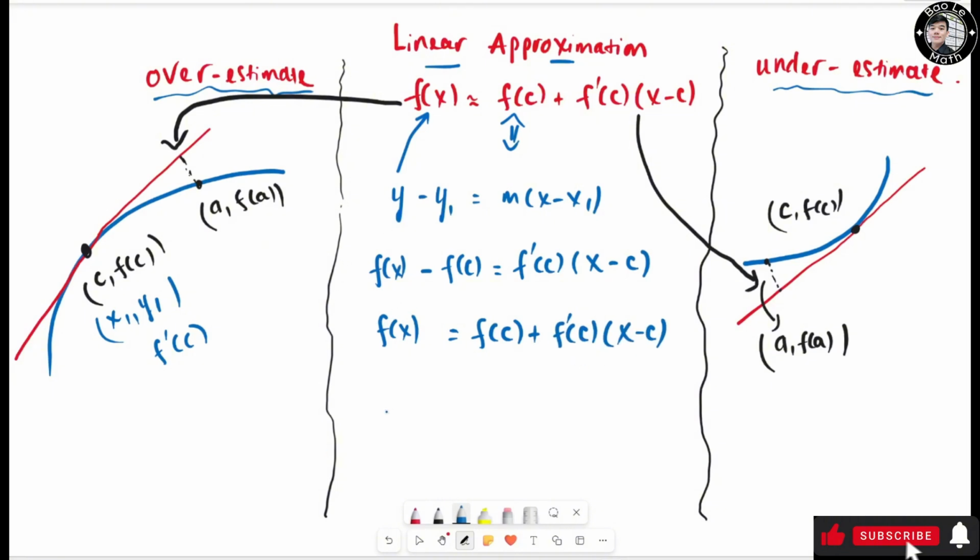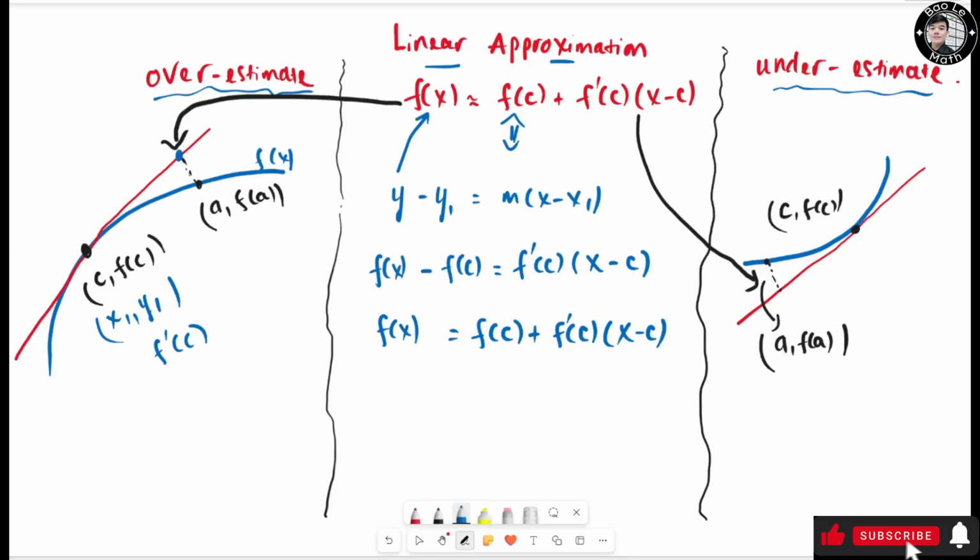Now, it's important to know whether the linear approximation gives you an overestimate or underestimate. We look at this one right here. The curve is the function f of s, and you have the tangent line. If the function is concave down and the tangent line is above the function, we can say that this is an overestimate.